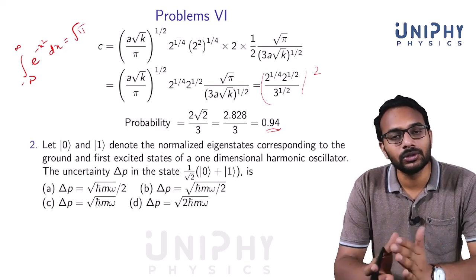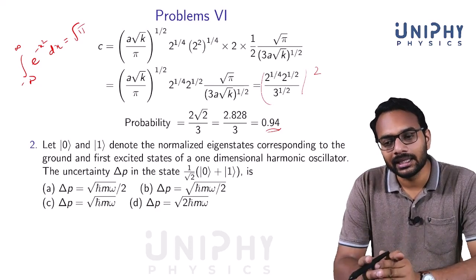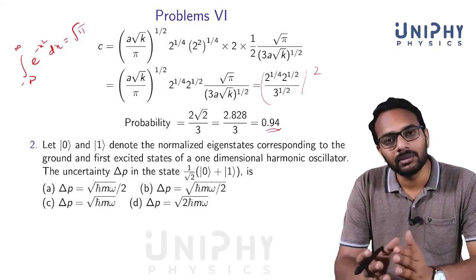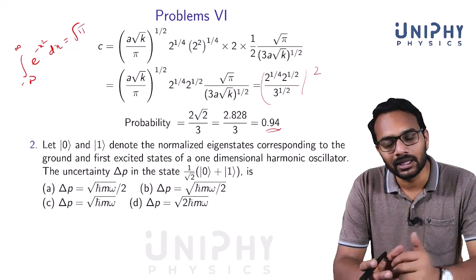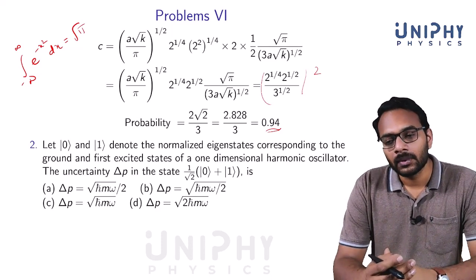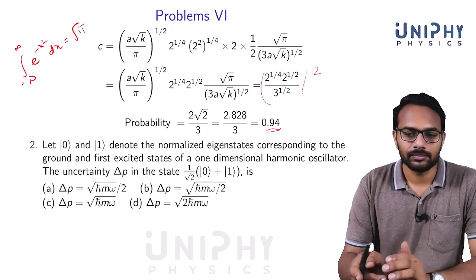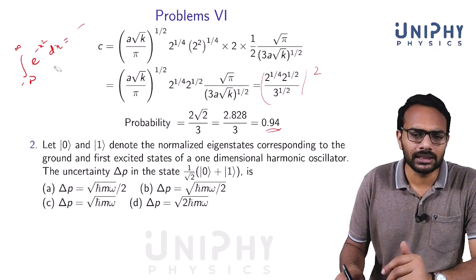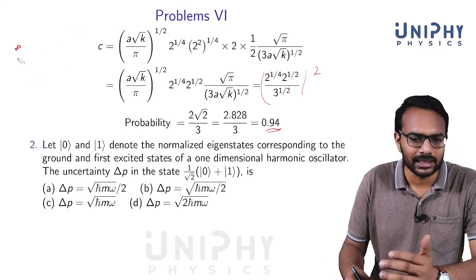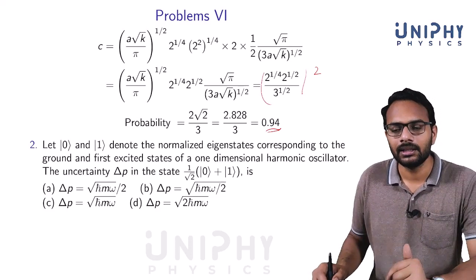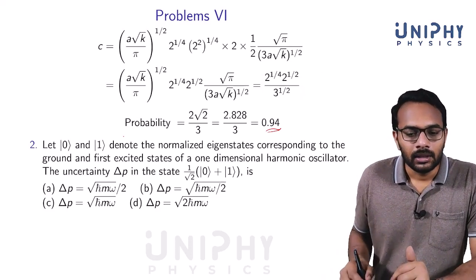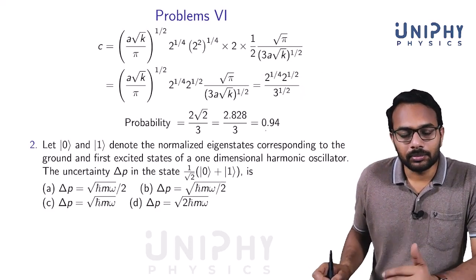There's a huge probability that after making the measurement of energy, the system will be found in the new ground state. You can go through the details of these calculations and check if they are correct, and then we'll see. Such problems can be asked.